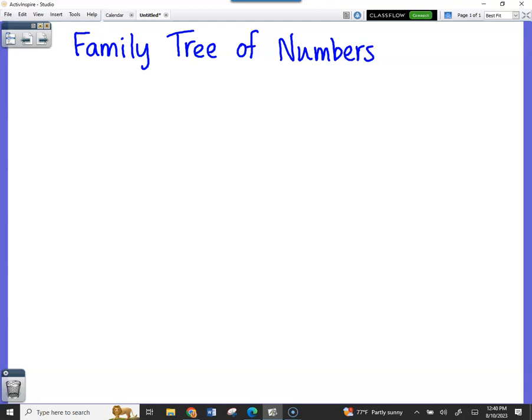So the largest group of number category is whether it is real or imaginary. You got your real numbers, you got your imaginary numbers. Okay, that's the very, very beginning of the number system.